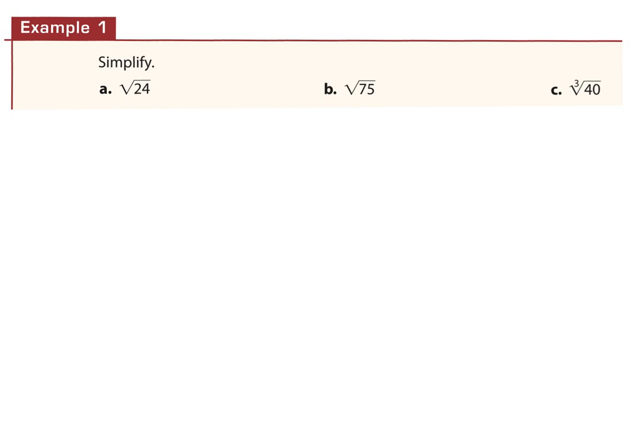Simplify 24. All right, so prior to this, we've been given perfect roots. Does 24 have a perfect root is the first question. It does not. So then I'm going to look at the index. What is the index on this radical? It's a 2, all right? So when I do this simplification, I'm going to use a factor tree, and I'm going to say, all right, I'm going to break this up into all primes.